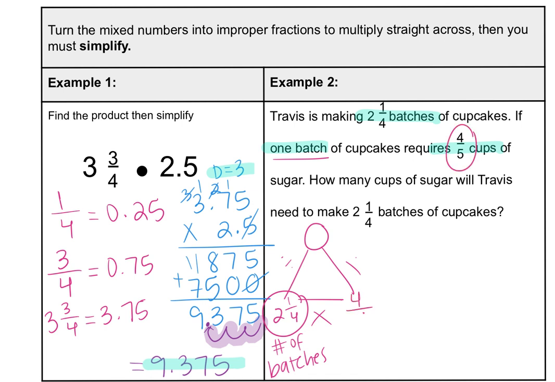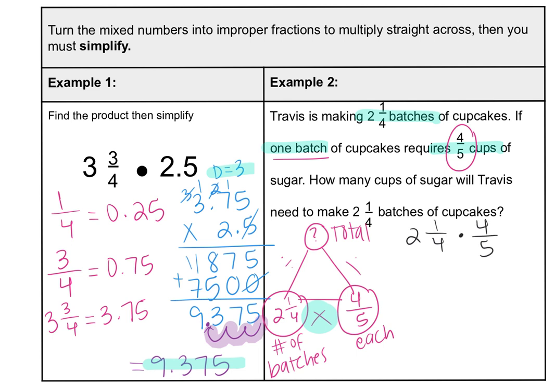So that would be my number over here because that is for each batch. And so that means that we're trying to figure out what the total is. So my strategy is telling me that I need to multiply. So I'm going to multiply 2 1/4 times 4/5.